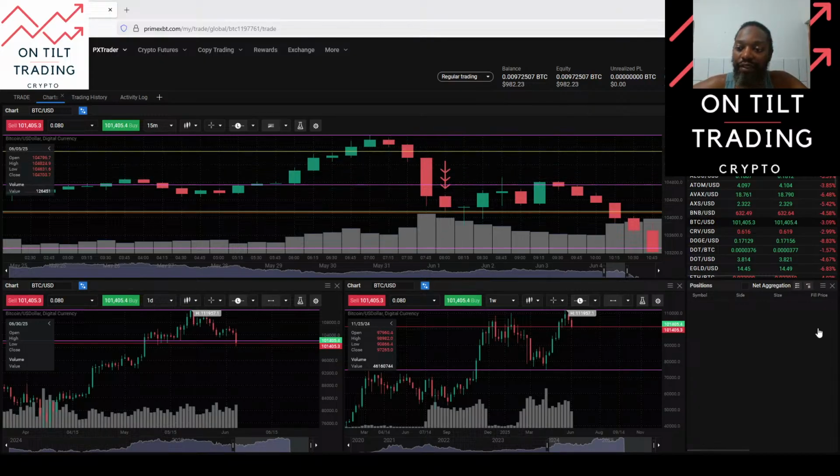When the trade fails here, then this creates a market structure shift here. So here we had the break of structure here, which was a continuation, and then with this we get a market structure shift, which would signal a potential reversal back to the downside.